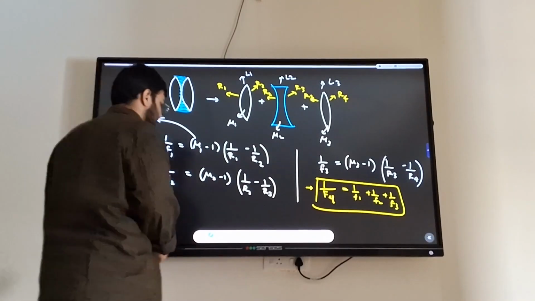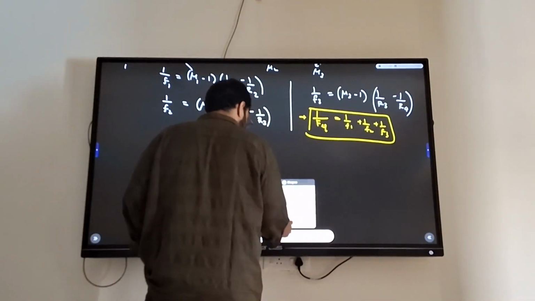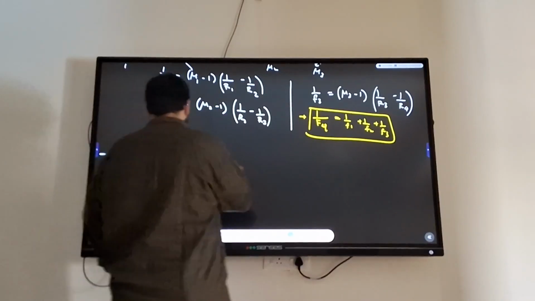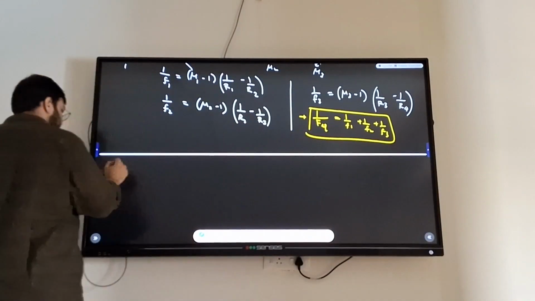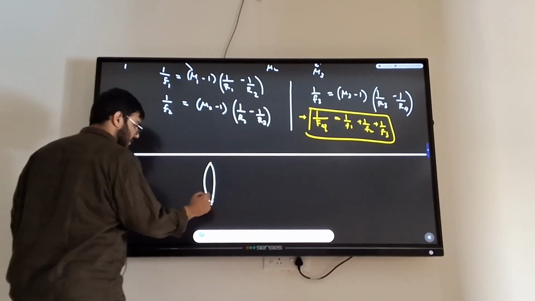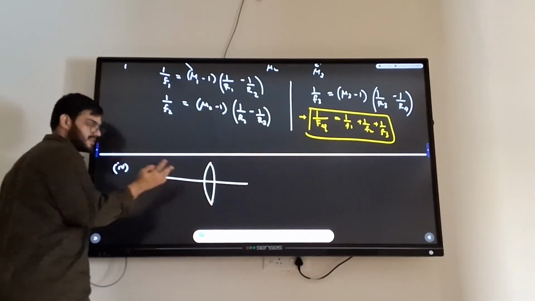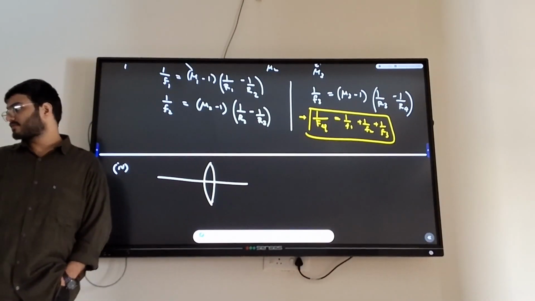Now let me ask you this. Very interesting stuff. This is point number 4 now. I made this bigger and I am asking you what kind of lens it is.